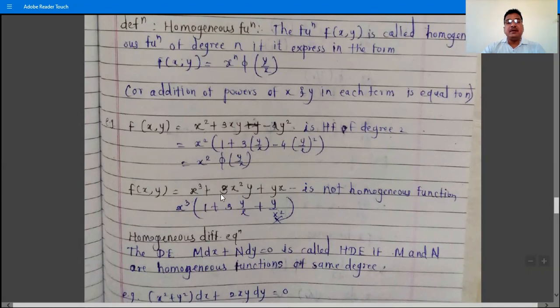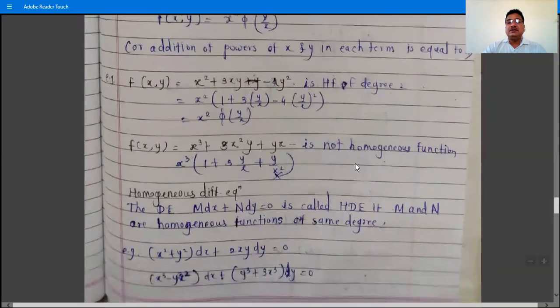Okay. Similarly, in the next example, f(x, y) = x^3 + 3x^2 y + yx is not a homogeneous function. Why is it not homogeneous? Because there are three terms, and if you observe the addition of powers of x and y in each term, for the first term it is 3. For the second term, x raised to 2 and y raised to 1, that is 2 plus 1 is 3.